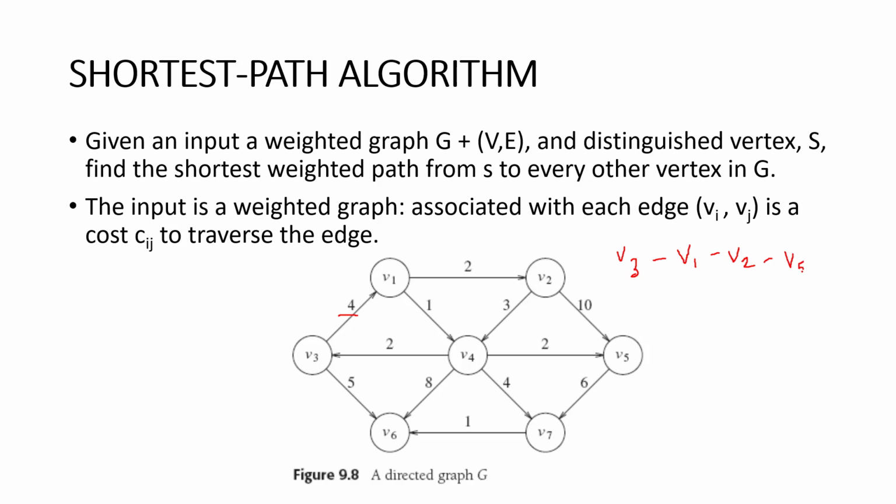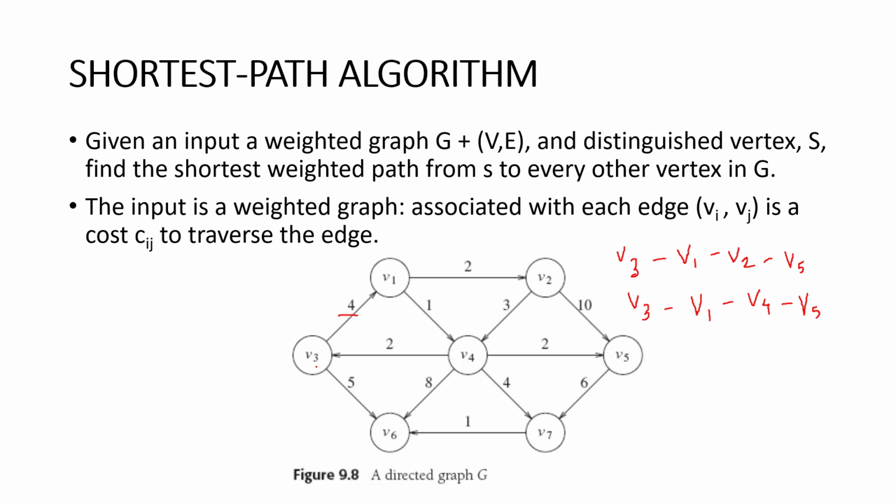So the direction and weights are very important. Then another path might be I can go to v1 and then v4 and v5. So this is another path. Is there any other path that I can take?